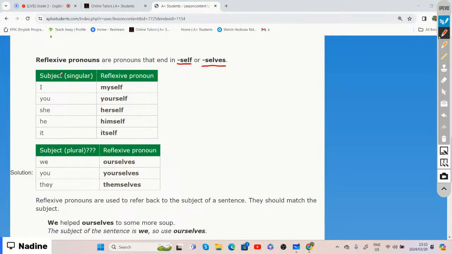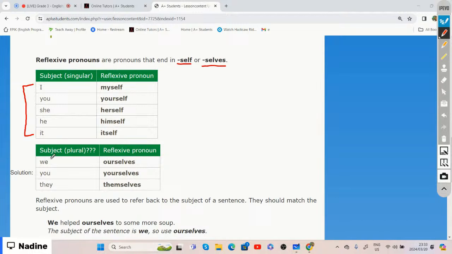So if we have a singular subject, for example, if I refer to I, then I'm saying myself. If I'm saying you, then it's yourself. She, who's a girl, herself. He, who's a boy, himself. It, which is either an animal or thing, itself, right?